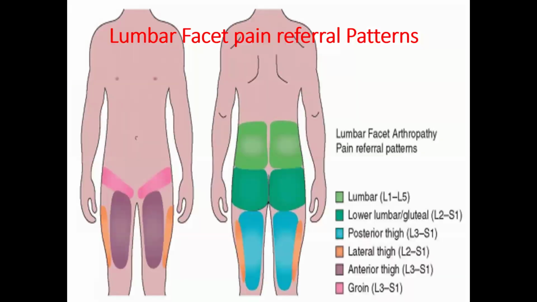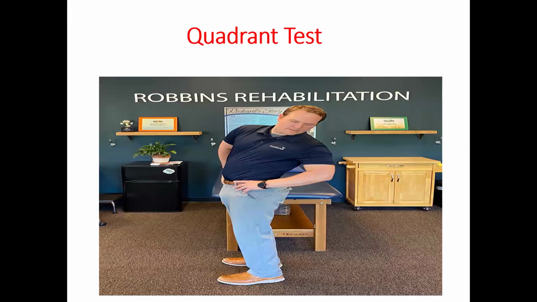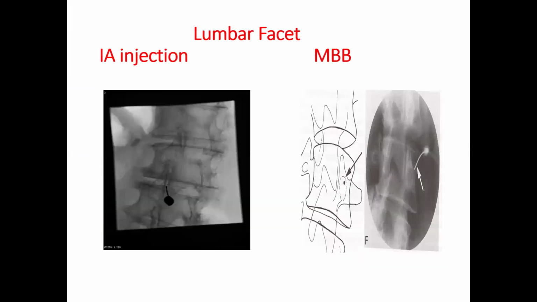You will have a diagnosis of facet pain. As you see, it has a pain pattern somewhat similar to sacroiliac pain. Okay, this is the quadrant test. Provocation of the facet joints is done through extension and lateral rotation.